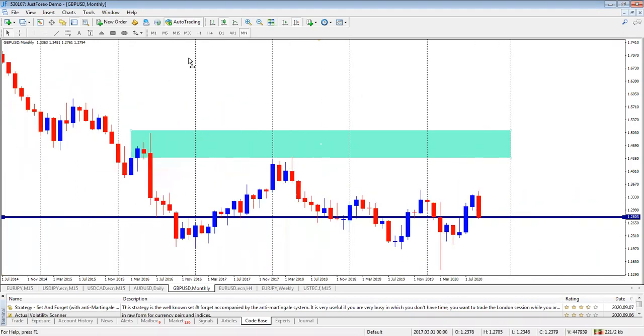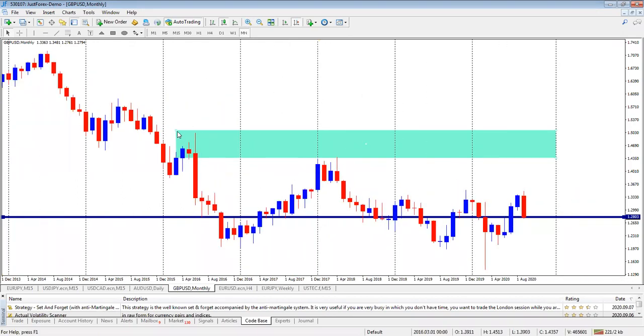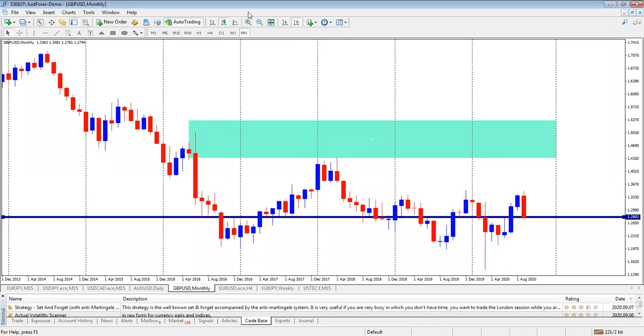When you're going to draw your supply and demand, make sure that, for instance, if you identified this move that I'm pointing to right now as your supply, a strong move in the price that went down aggressively, you also identify which candle is a basing candle.